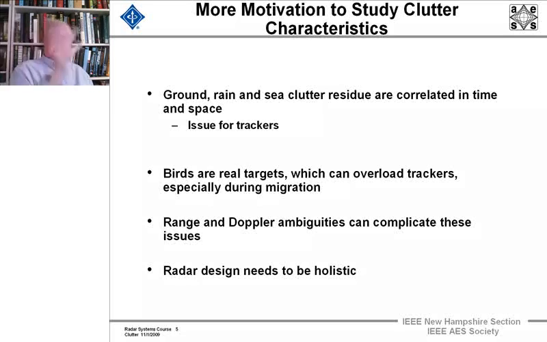They can fold over depending upon the pulse repetition interval and the frequencies. And you can have range ambiguities where a faraway mountain range can give you a detection that appears to be from the last pulse you sent out, but it's from the one before it. So second time around range ambiguity problems can complicate these issues.